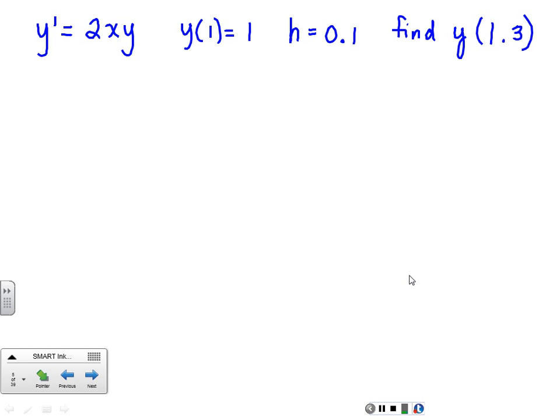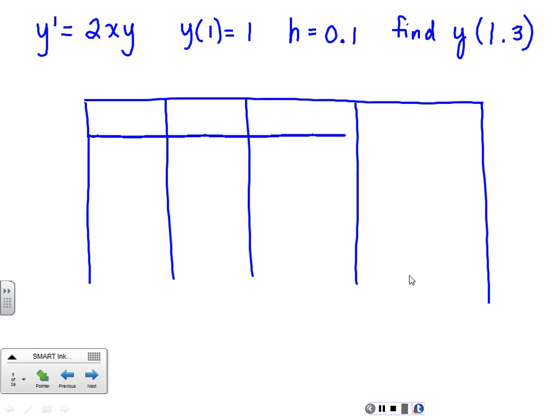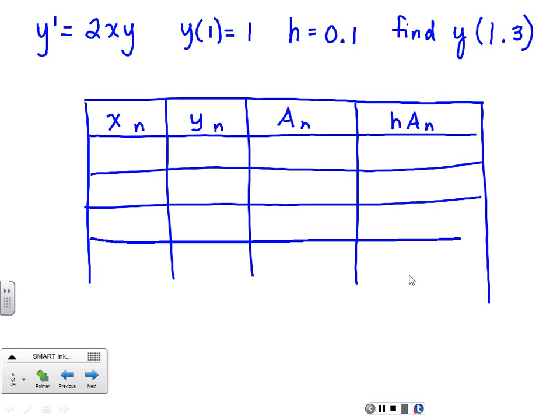Okay, so we're going to first do original Euler. So we're going to start out with 1, 1.